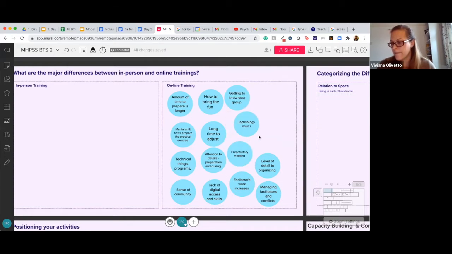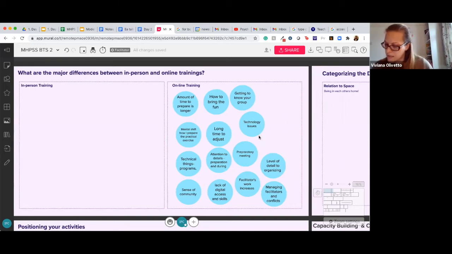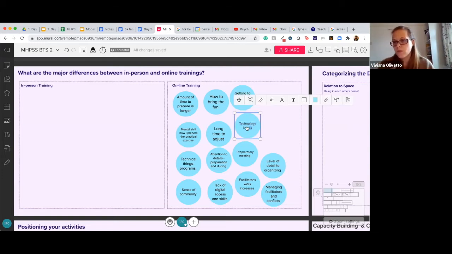I think the rest has been mentioned. We talked a lot about sense of community, but also the technical bits. For mental health PSS, maybe you go into really technical details, but even more so when I work on epidemic prevention.